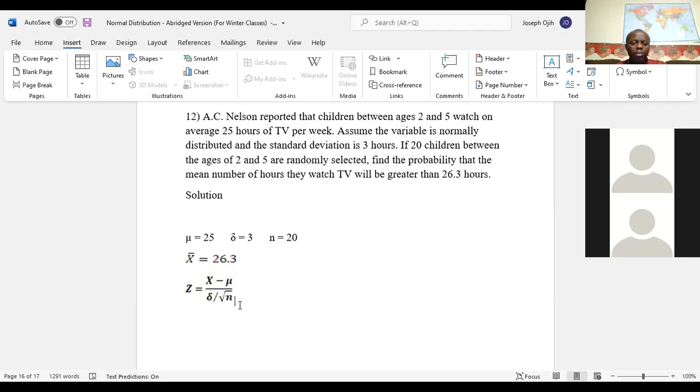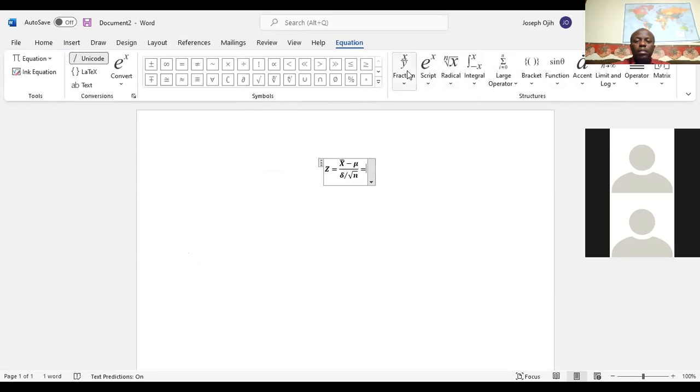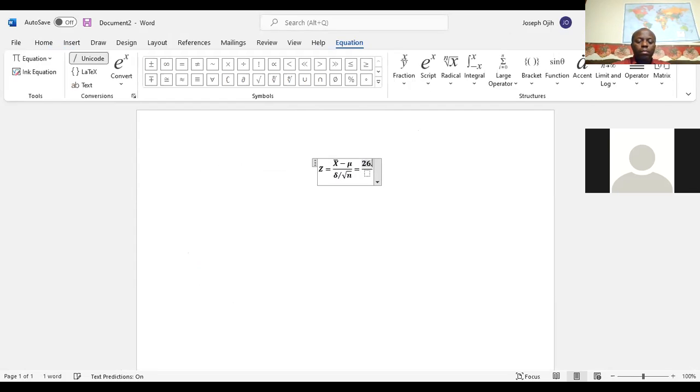Z equals x minus mean: 26.3 minus mean of 25, divided by standard deviation of 3 over the square root of n.